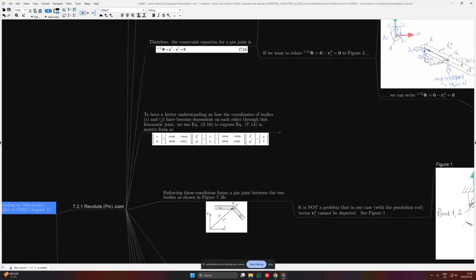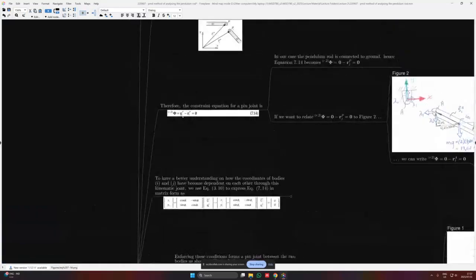Plus, and then we have some sort of a transformation matrix over here, which uses the actual angle of the body. And this is then related to what we call a local coordinate system. So that is denoted by this xi eta that we have over here. So xi eta is the usual denotation of a local coordinate system. Where previously we had x and y, we now just have xi and eta. And then I simply say minus, and I do exactly the same for the second body. So this is just an expanded version of equation 7.14.